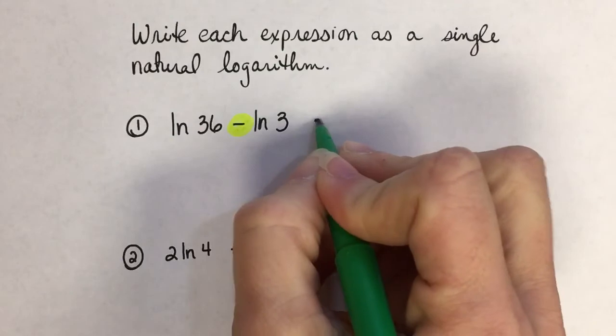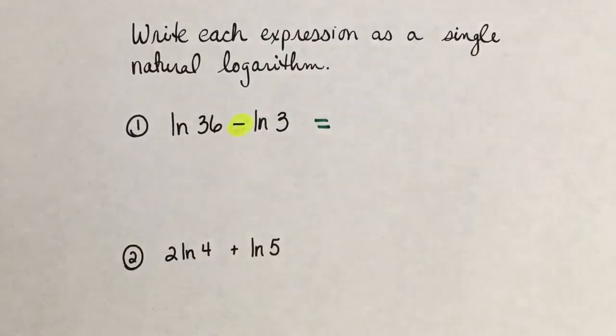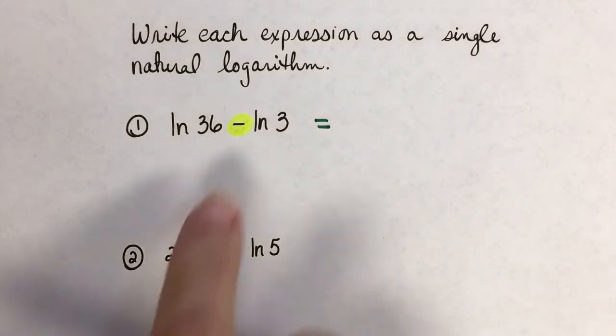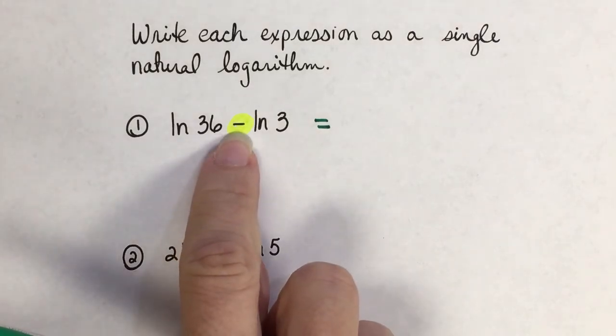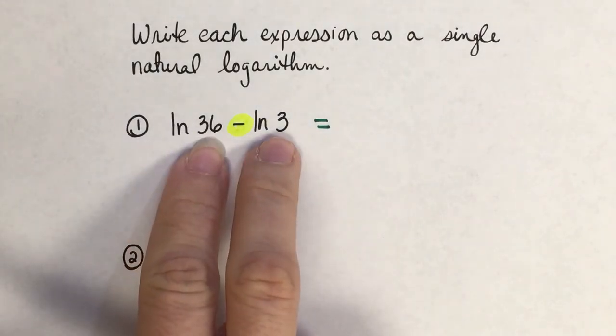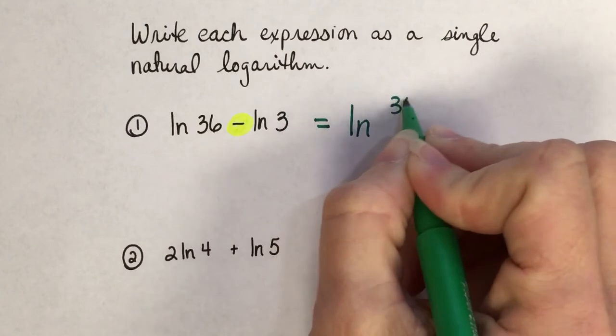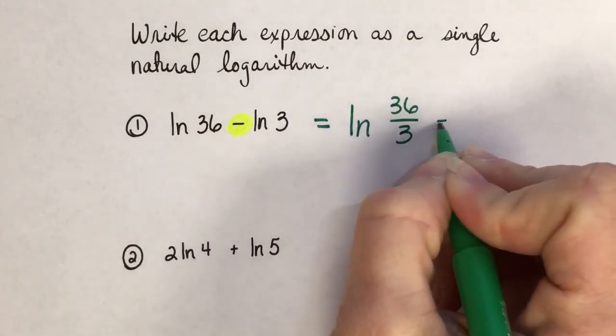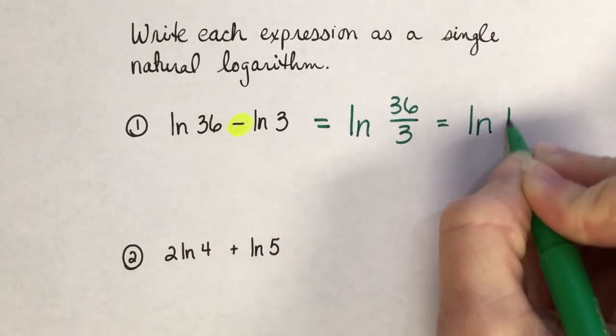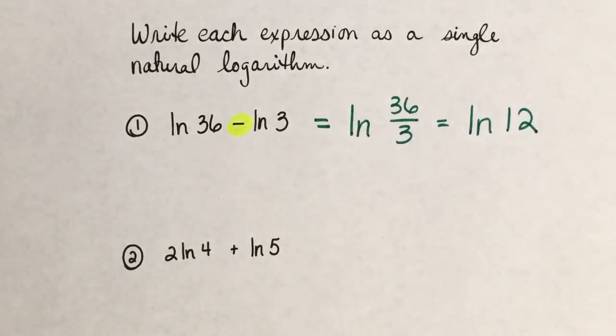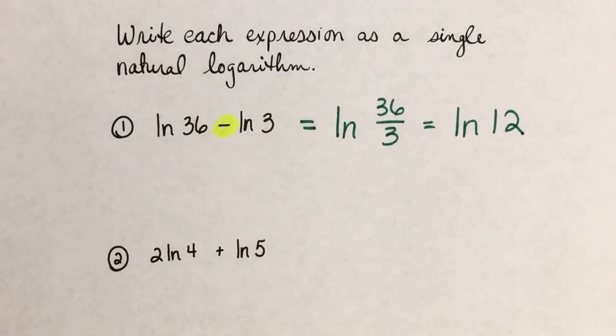Like I said, if you go back to your notes from 7.4, subtraction indicates that you're to take these two, the 36 and the 3, and divide. So you would have the natural log of 36 divided by 3. Of course, then you can simplify the 36 divided by 3, so your answer would be natural log of 12. Like I said, that's just using those same properties from earlier.